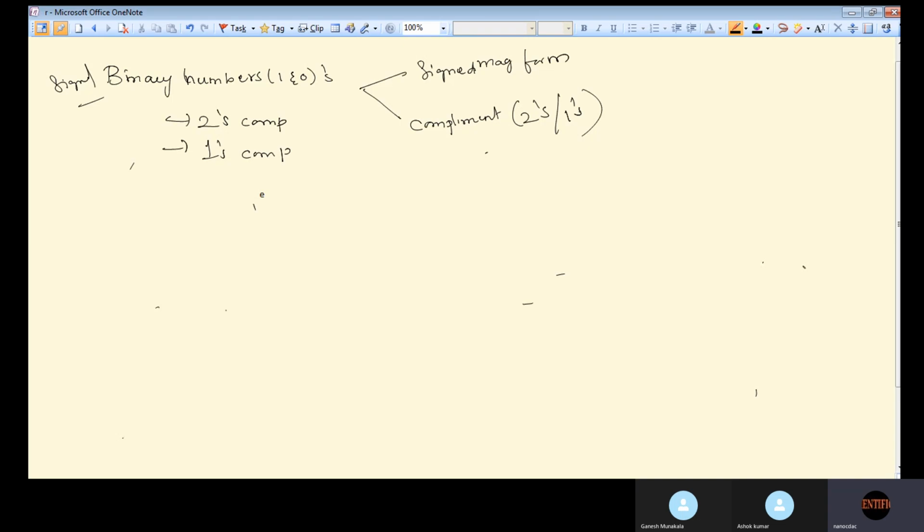See here, let us suppose I give the number 01101, a binary number.